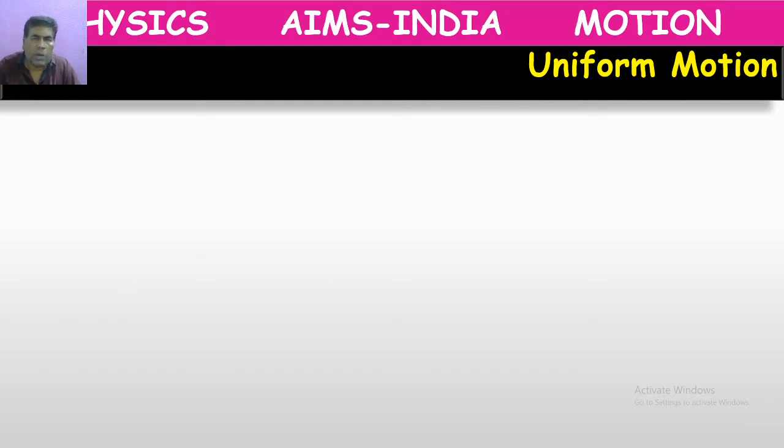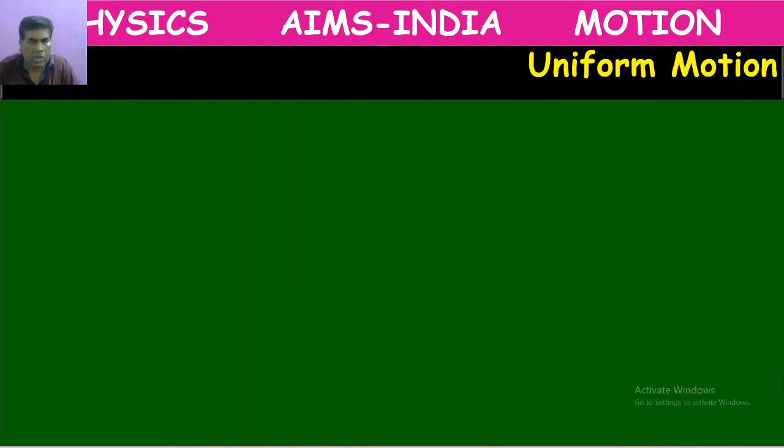I think you are all aware of the word uniform. What does uniform mean? Same, because all the children come to school in the same uniform. So uniform means same, a similar kind of motion. We are going to learn about uniform motion and non-uniform motion.